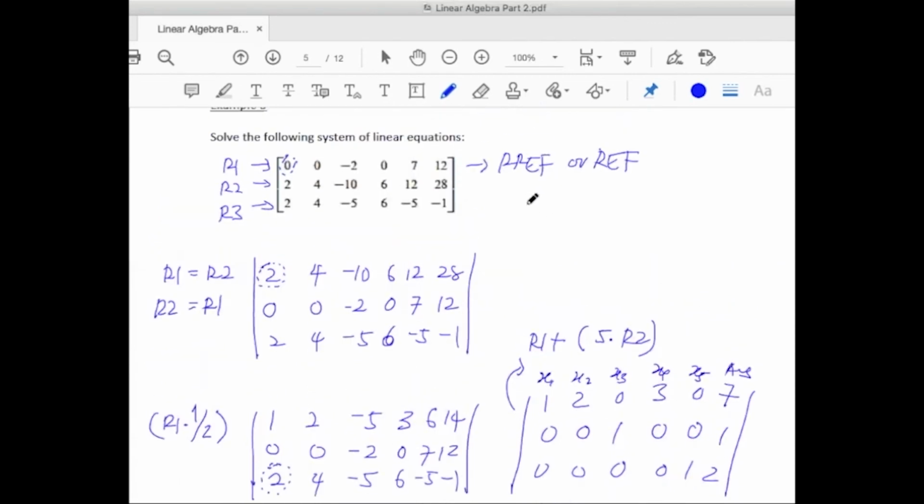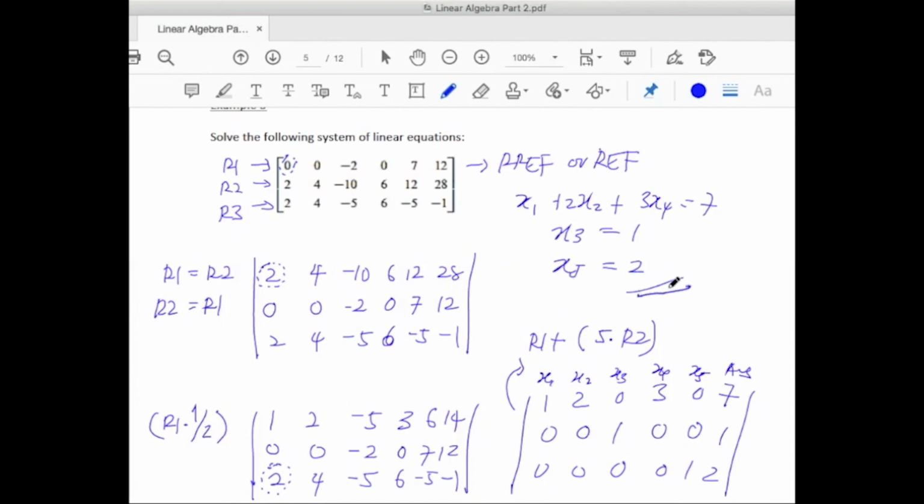So we have x1 plus 2x2 plus 3x4 equal to 7. That's our first equation. Our second equation is x3 equals 1, and our third equation is x5 equals 2.